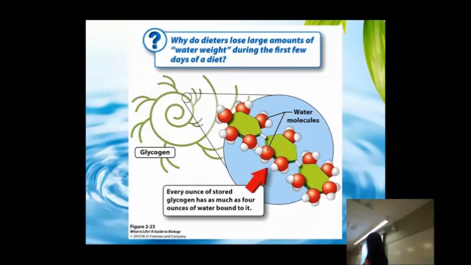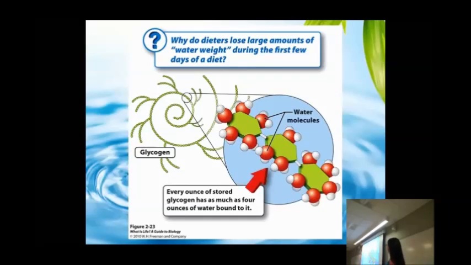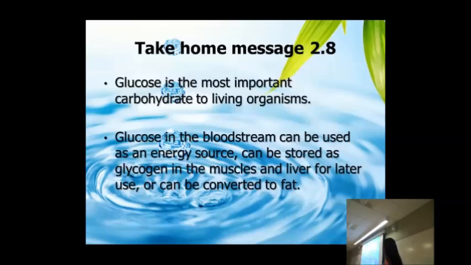And that's because the water molecules that are found inside of the glycogen are stored at about 4 to 1, and you'll lose lots of water, but until you start getting rid of that actual fat, you're going to have just lost water weight right at the beginning, and that can be really frustrating for dieters.